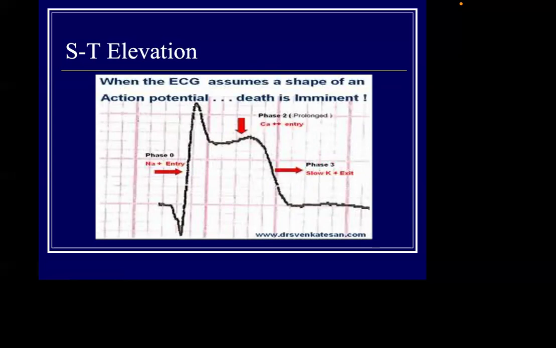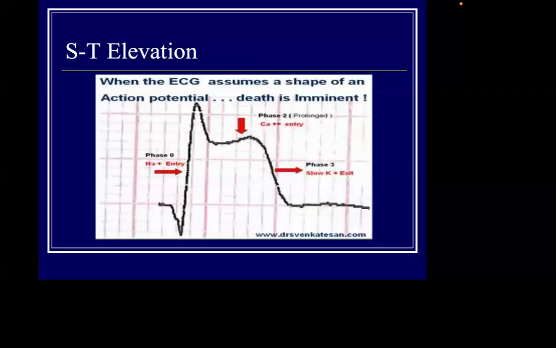And usually it will appear in hours. The first abnormality is the hyperacute T wave, and usually it is broad in shape. This is in contradistinction to the hyperacute T wave of hyperkalemia, which has a narrow base. The hyperacute T wave of ischemia is tall, and the base is wide and symmetrical.